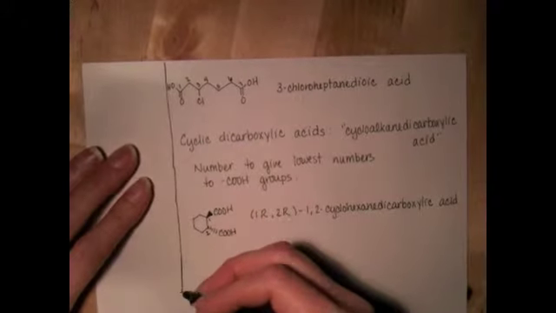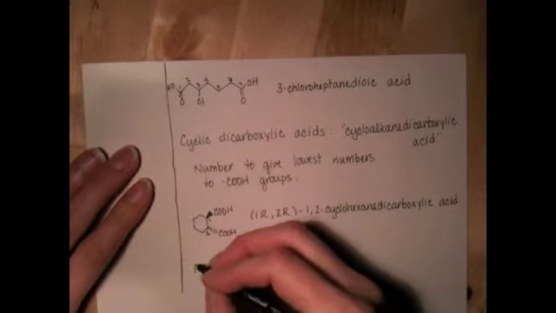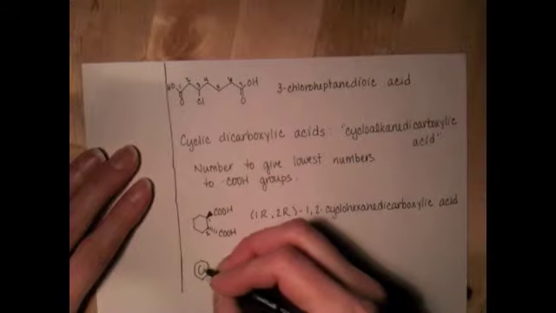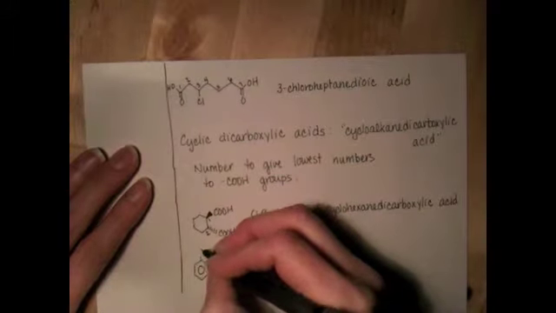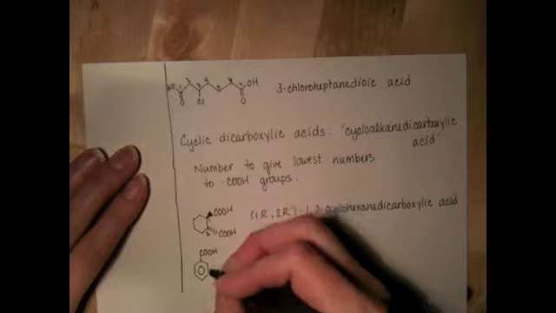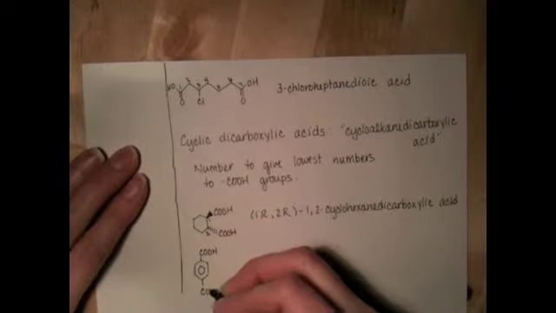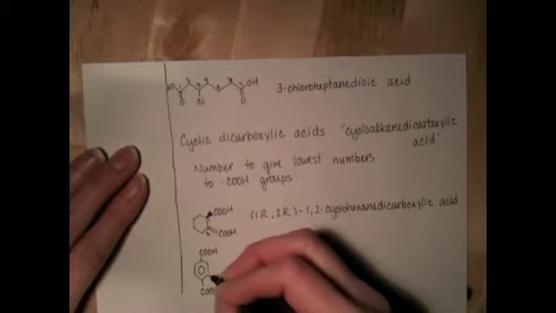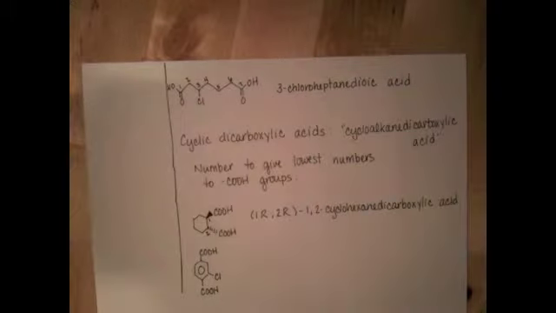One last nomenclature example. Not all of the cyclic dicarboxylic acids are necessarily named as such. If you have 2 carboxyl groups on a benzene ring, remember that's a phthalic acid, not named as a dicarboxylic acid.